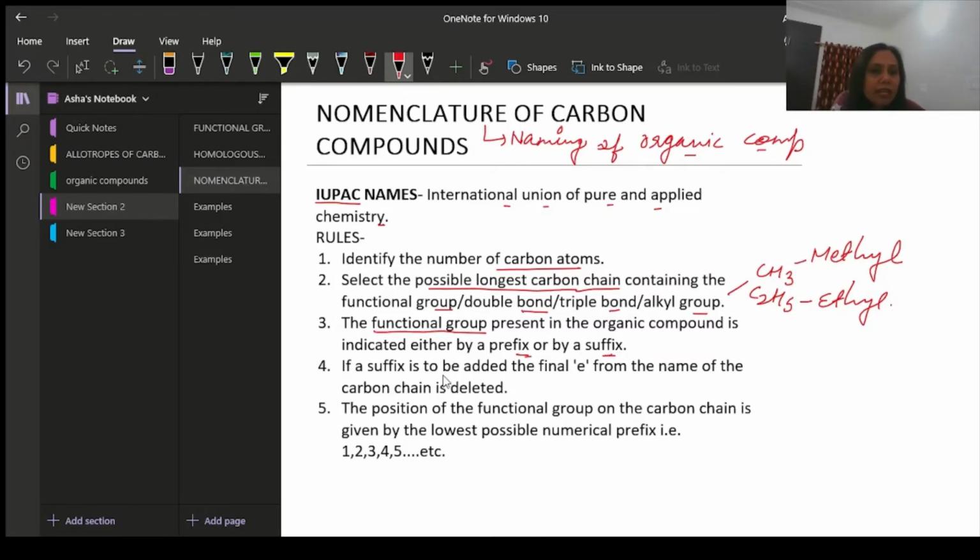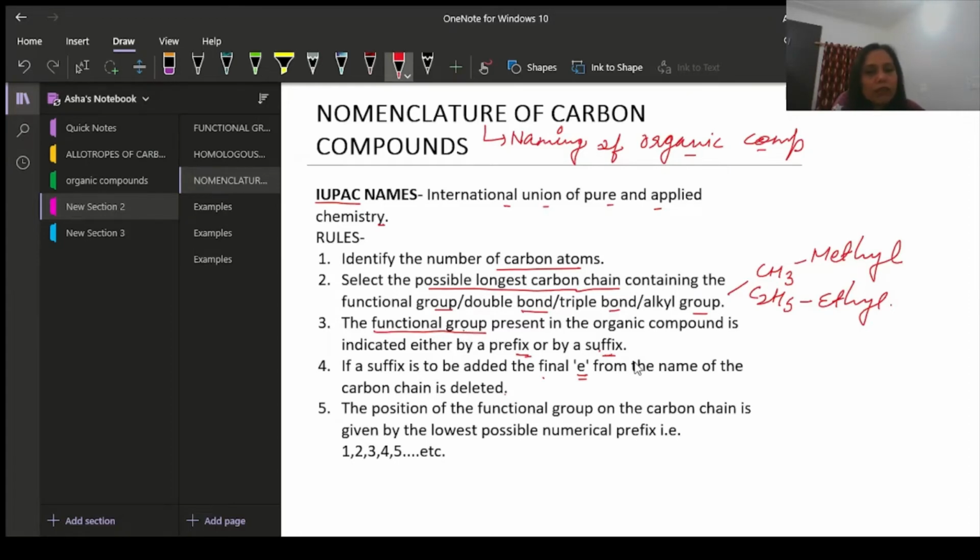If a suffix is added, that is the later half or the last part of the name, then the final E from the name of the carbon chain is deleted. If it is an alkane, the E will go. If it is an alkene, then the last E will not be there and we will add the suffix decided for that functional group.